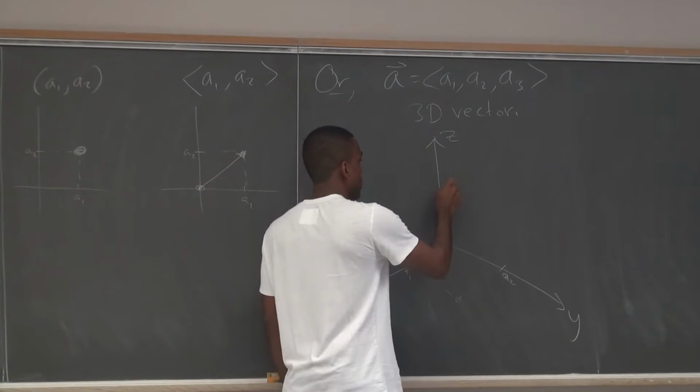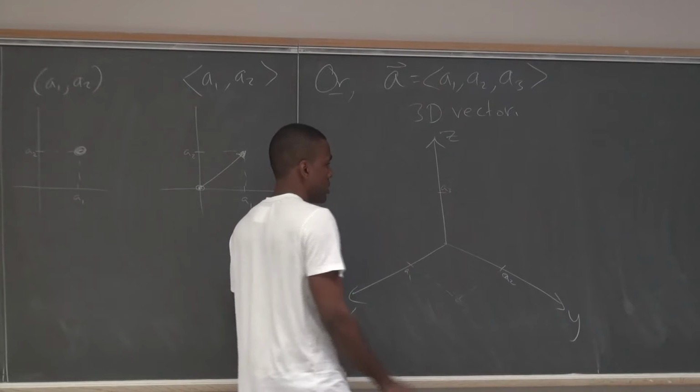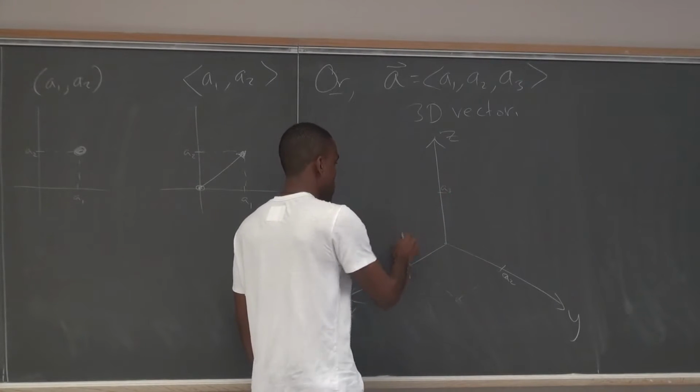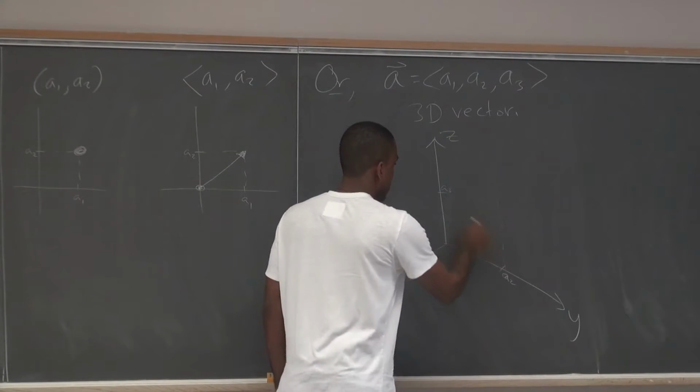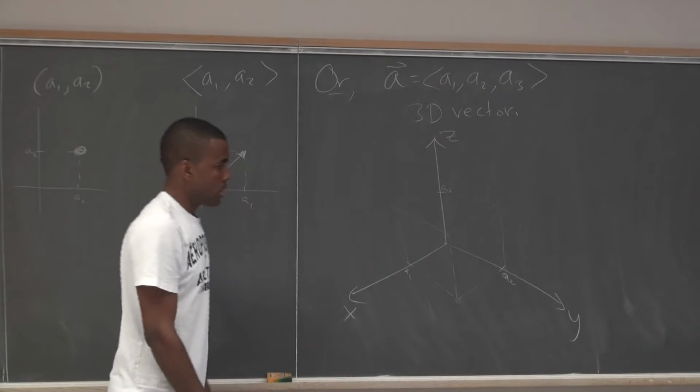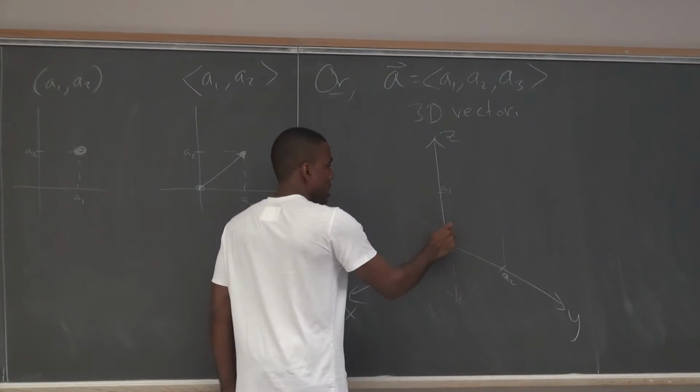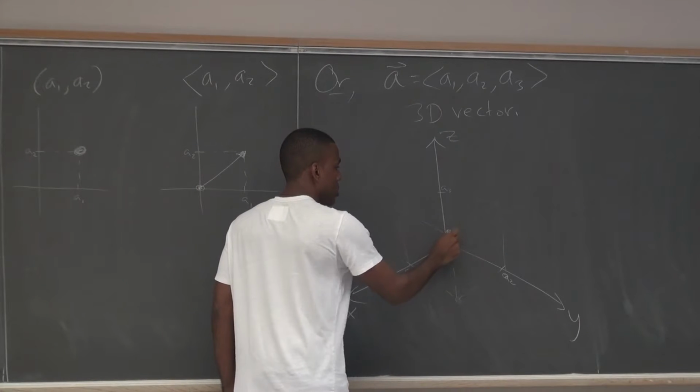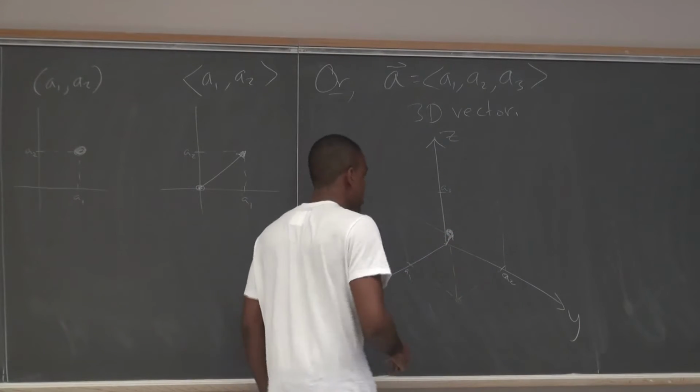Then I go and find A3 on the z-axis, and what happens is this creates a rectangular box, right, where the edge of that box is connected to the origin.